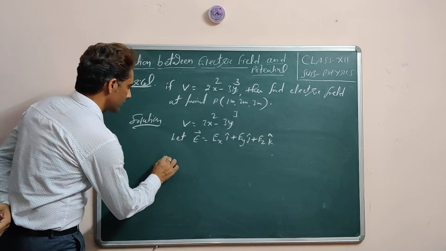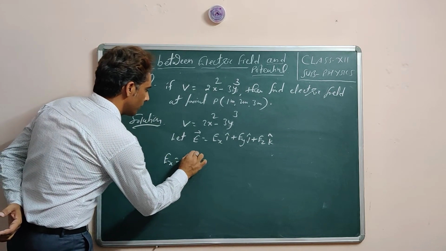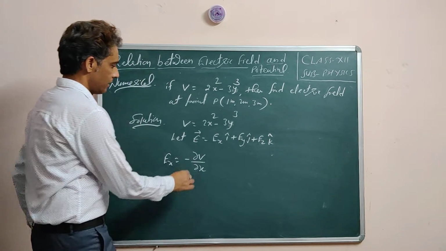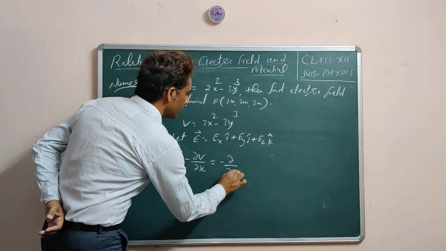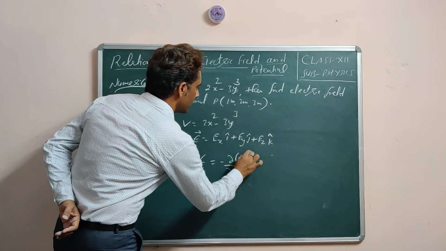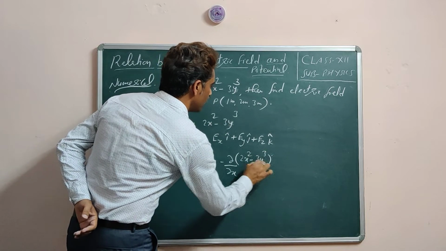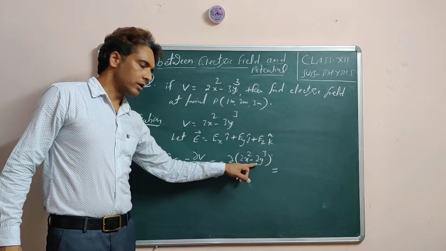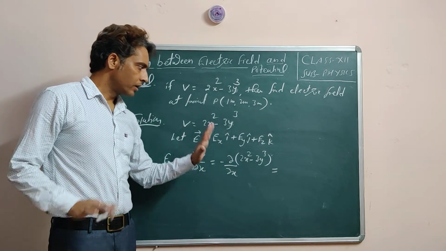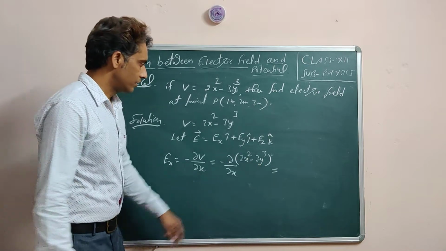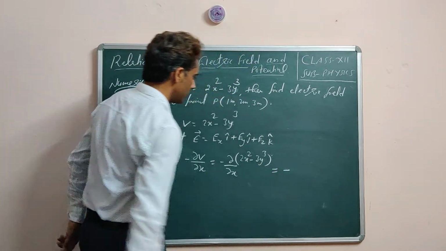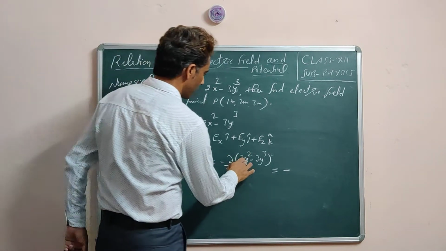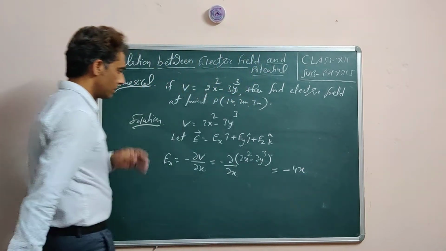Now first we calculate Ex. So Ex is equal to negative of del V by del X, that is equal to negative of del by del X of 2x square minus 3y cube. Here we have to differentiate it with respect to X, assuming that Y is constant. So this will be equal to minus, 2 is constant, derivative of x square is 2x, so minus 4x.